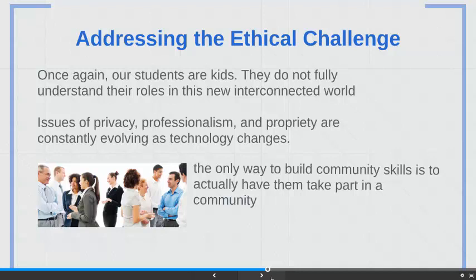How you want to treat someone in the offline world should be the same way you want to treat somebody in the online world. These are very important things that we need to build within our students, and the onus is really on us, the teachers, to do it.